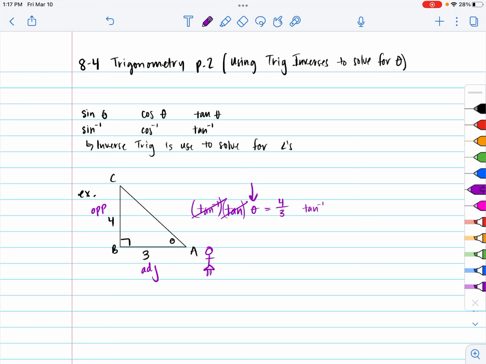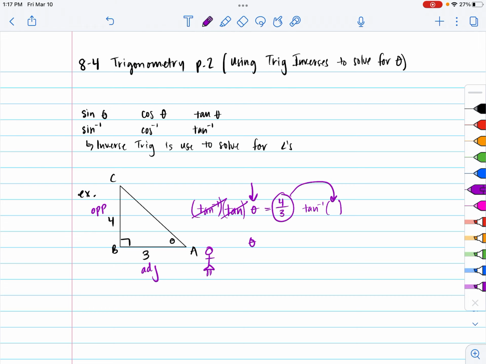So you put inverse tangent on the right side of the equation, and then this is what I would prefer you to do. When you do this, especially in your calculator, it's going to open up a parentheses. You have to put this trig ratio, or this ratio of side lengths, into the parentheses.